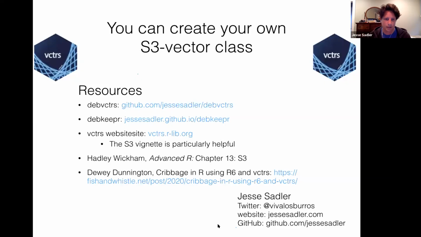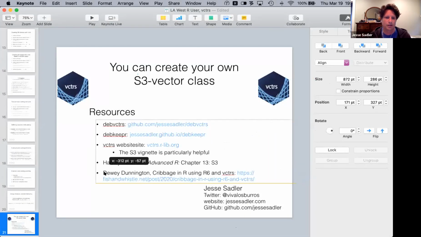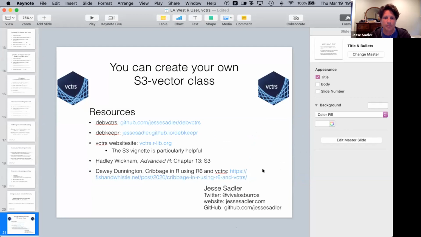This last blog post, by Dewey Dunnington, looks at how to score cribbage hands with the vctrs package. It's kind of a total play example, but it just shows the possibilities of doing that. So there's more and more people that are doing it, and that's one of the things I'm trying to do, is that this is going to get easier and easier to integrate into base R and into the Tidyverse.